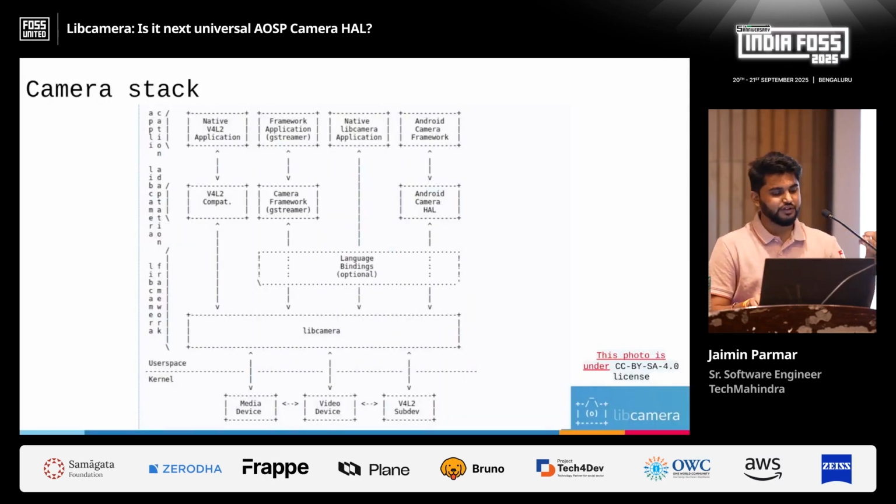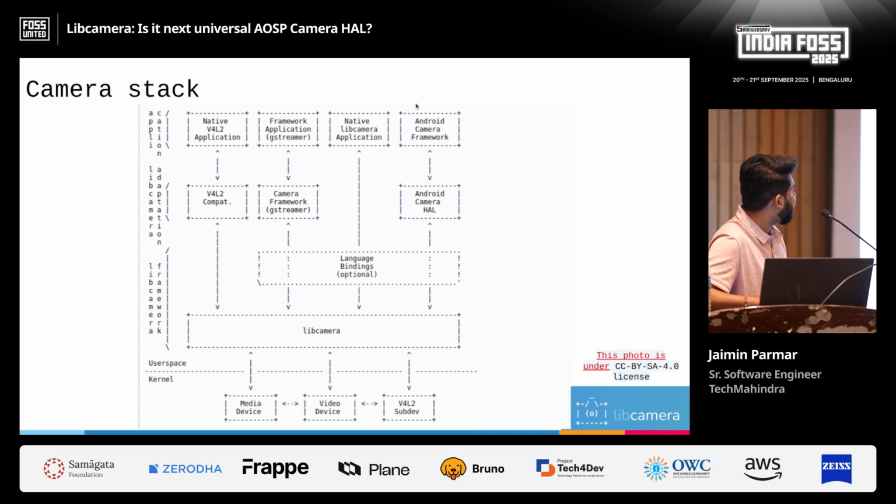This is what the camera stack looks like. This is the Libcamera stack. On top we have the adaptation layer and the application layer. The application will talk with the adaptation layer, or the application can also directly call the Libcamera APIs.